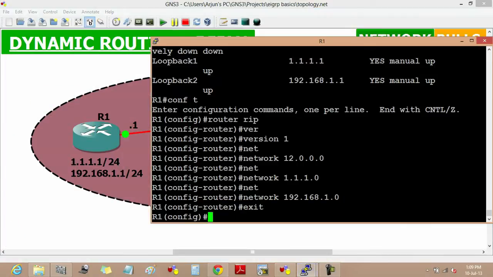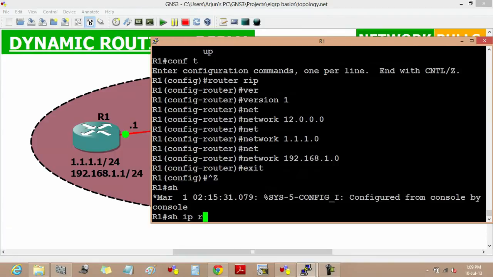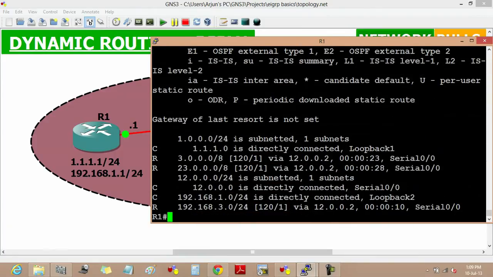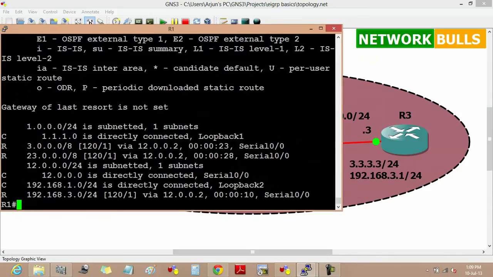Now if we see the routing table of router 1 by using the command show ip route, we can see that there are two loopbacks in router 3. First one is classless and the second one is classful. The first loopback network, which is 3.3.3.3/24, is learned in the routing table of router 1 as /8.